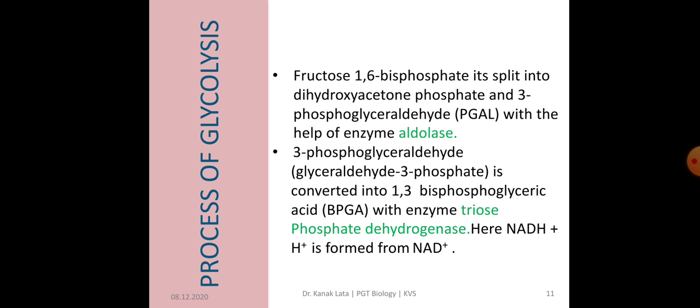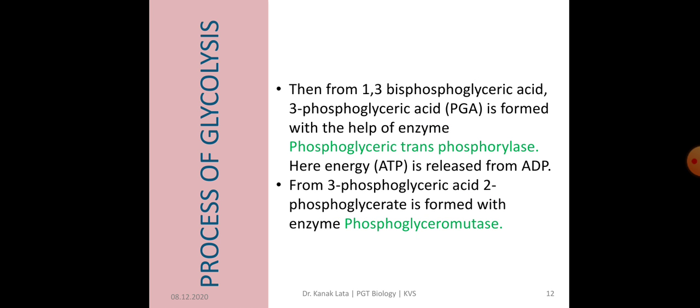Here NADH plus H plus is formed from NAD, that is, NAD is reduced into NADH. Now from 1,3-bisphosphoglycerate, 3-phosphoglyceric acid is formed in the presence of enzyme phosphoglycerate kinase. Here ATP is released from ADP.